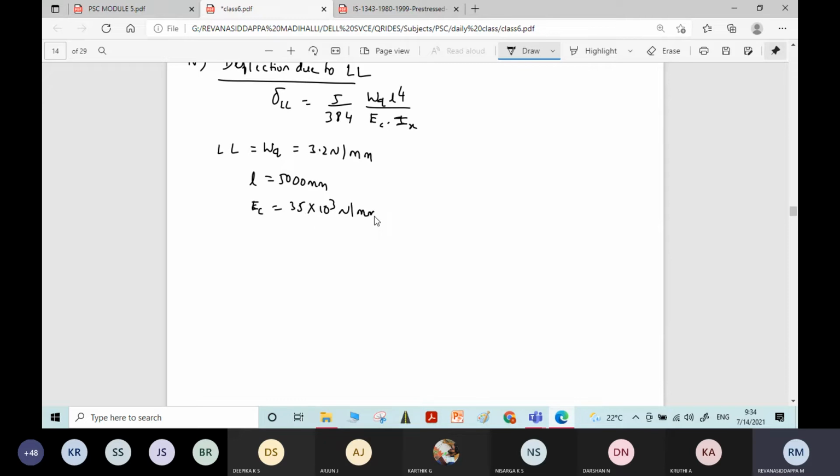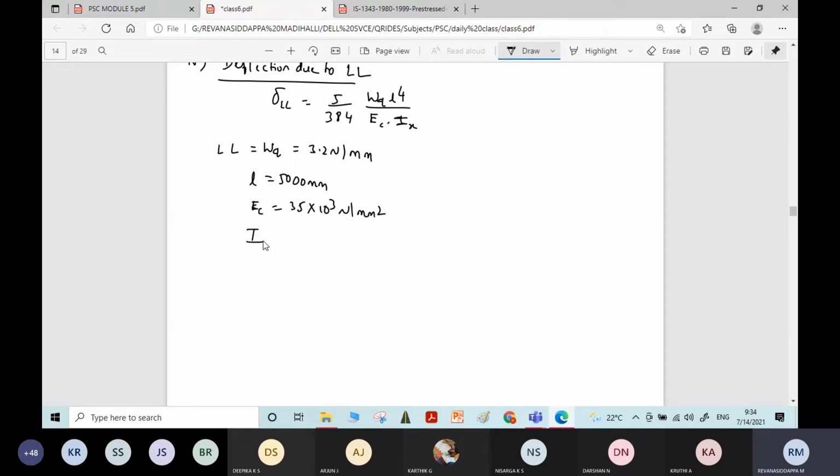Deflection due to line load is equal to 5 by 384 into WQ L raised to 4 divided by EC into IX. Okay. Line load is given, WQ is equal to 3.2 Newton per mm. Then L is 5000 mm, EC is 35 into 10 power 3 Newton per mm square.